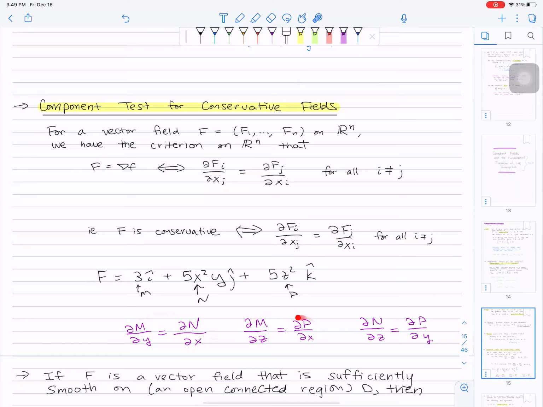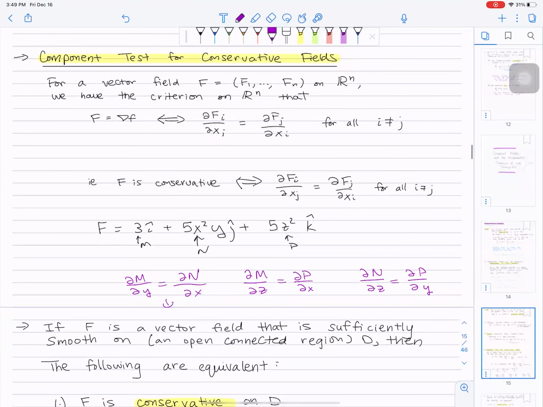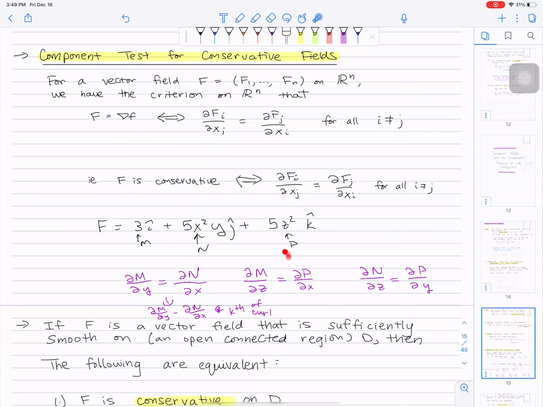Another way to remember what to check: these look like the things from the curl, right? Because this is the partial of M with respect to y minus the partial of N with respect to x, and that's exactly the k-th component of your curl. So if you ever forget what exactly you need to check, just imagine how you find the curl, with the ijk determinant and the partials.